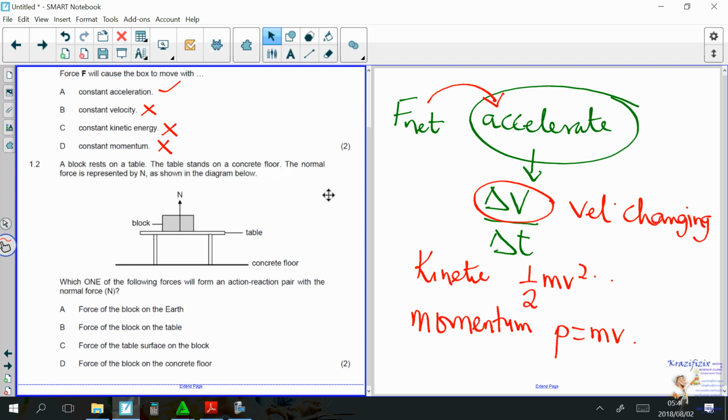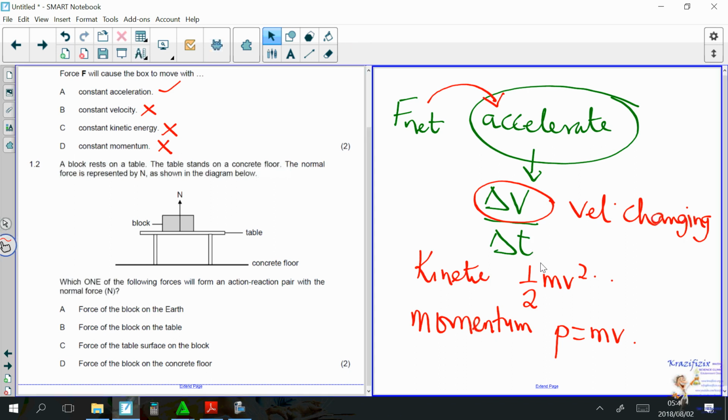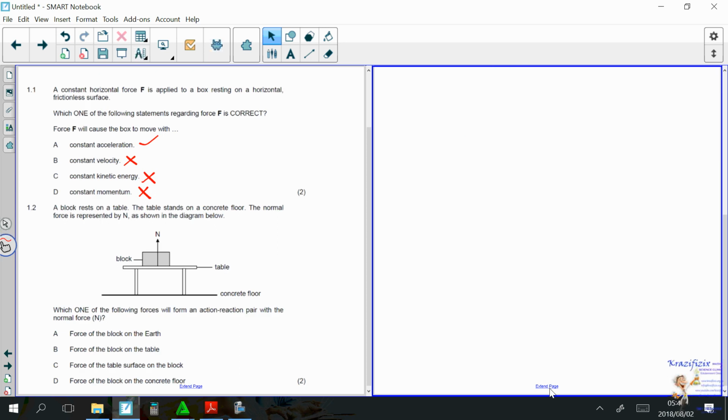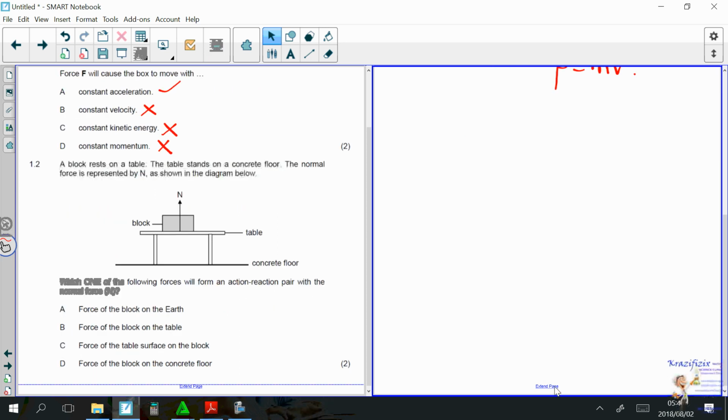Which one of the following forces will form an action-reaction pair with the normal force? That's your Newton's third law: if object A exerts a force on object B, object B will simultaneously exert a force on object A, which is equal in magnitude and opposite in direction.